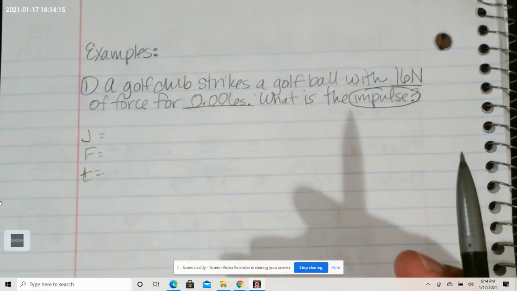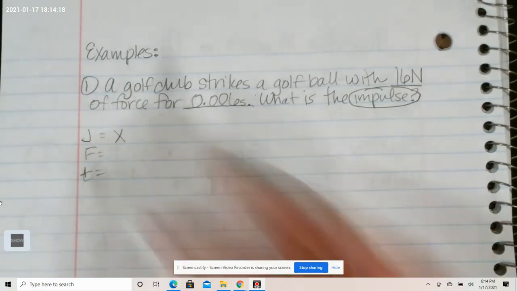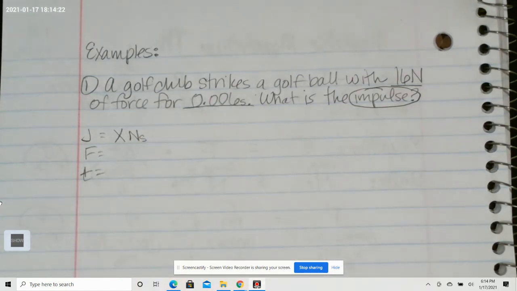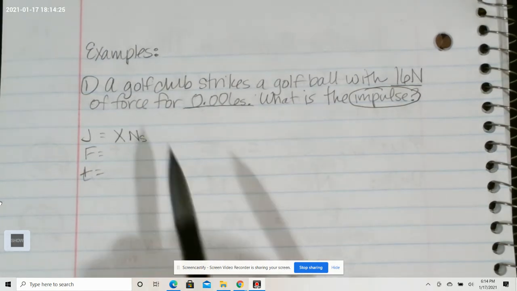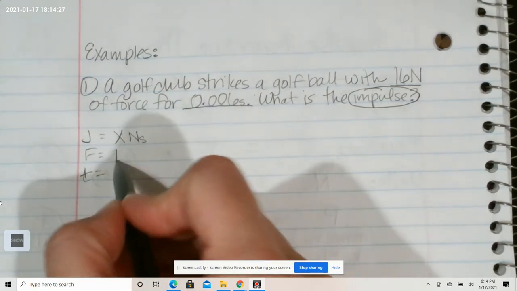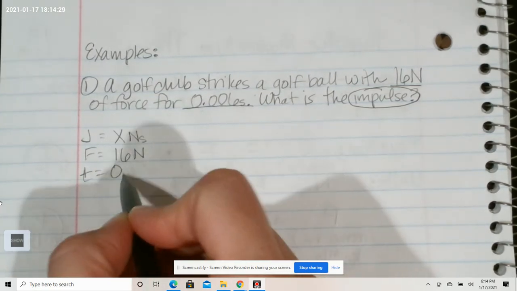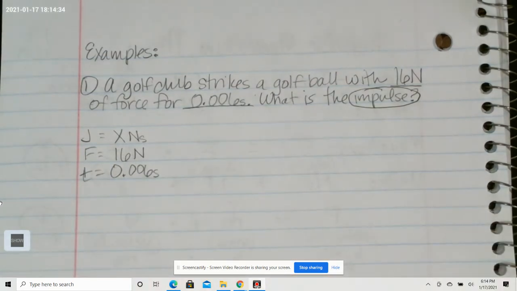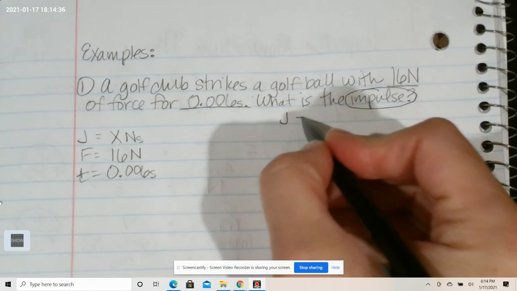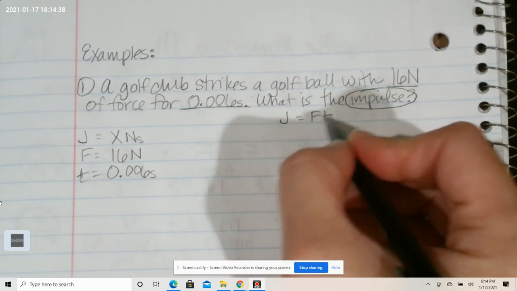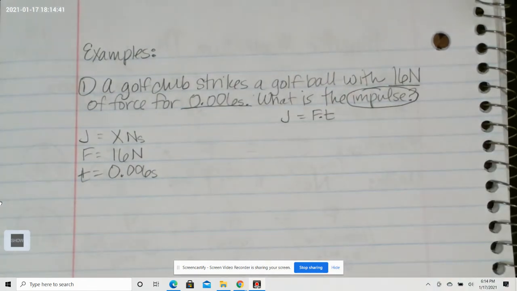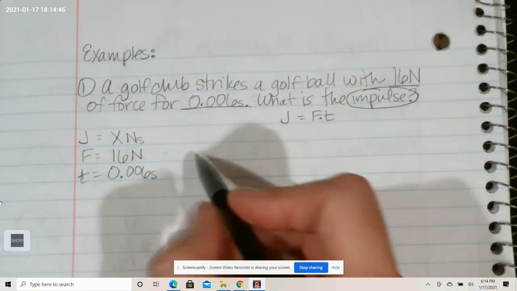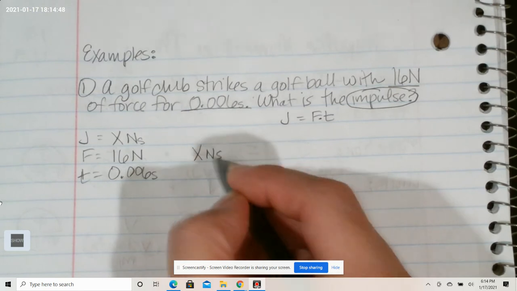So J is what we're looking for. Remember, that's going to be X, and remember, it's a newton second because impulse is force multiplied by time. The force on the object is 16 newtons, and the time of contact is 0.006 seconds. So we are looking for impulse. So our base equation is J equals F times T, or delta T. I am going to plug in what I have, just like we've done for every other equation.